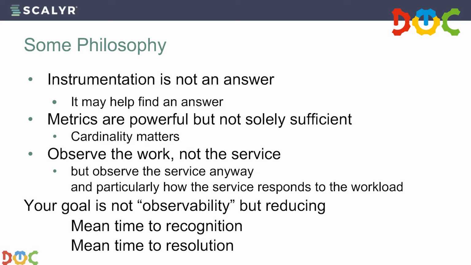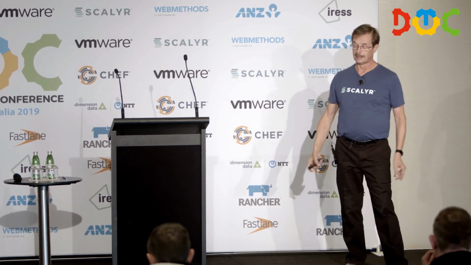So, philosophy. Instrumentation is not an answer. It'll help you find an answer. So don't think that tracing is going to solve your problem. Tracing will give you more information about how to solve your problem and where your problem exists. Metrics are powerful, but not complete here.